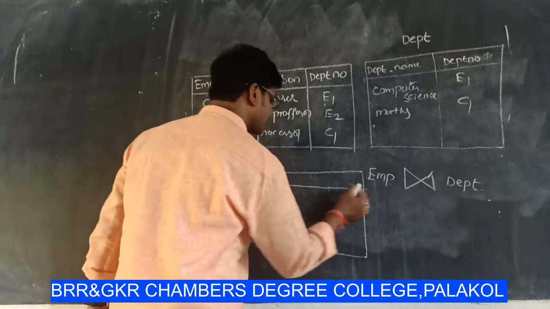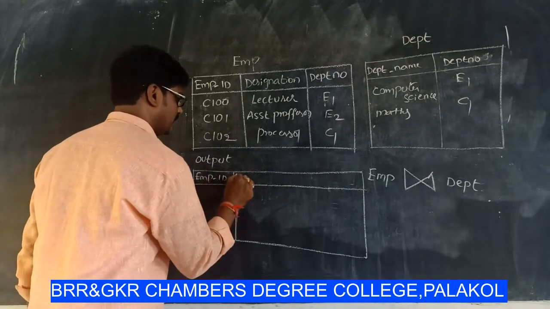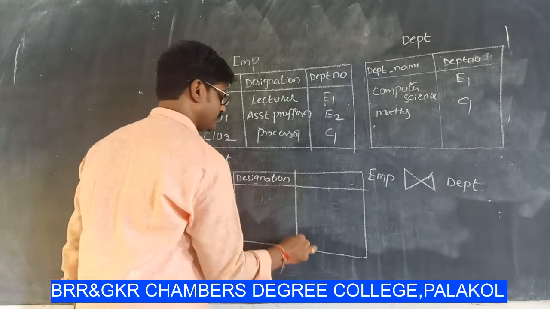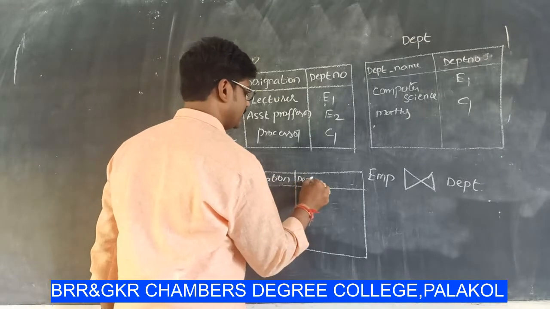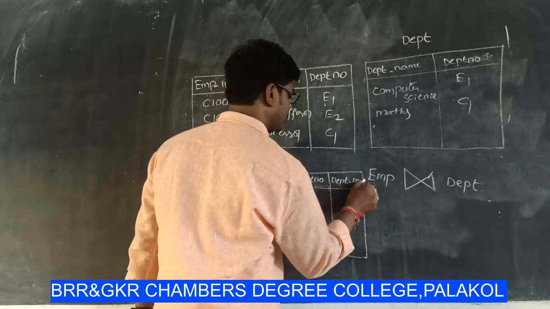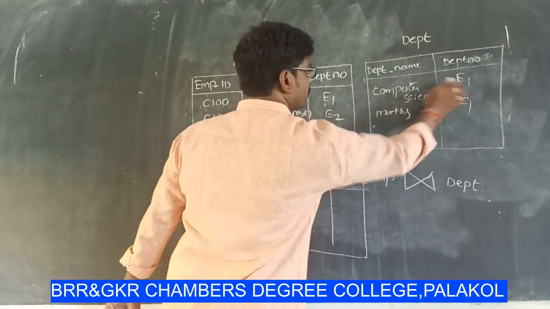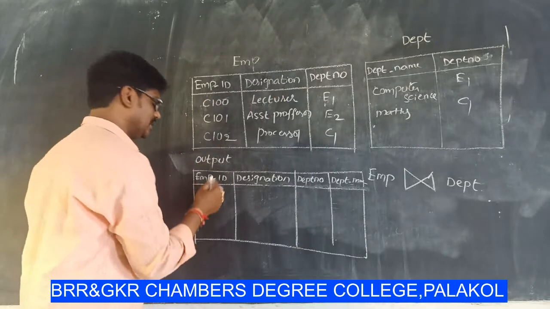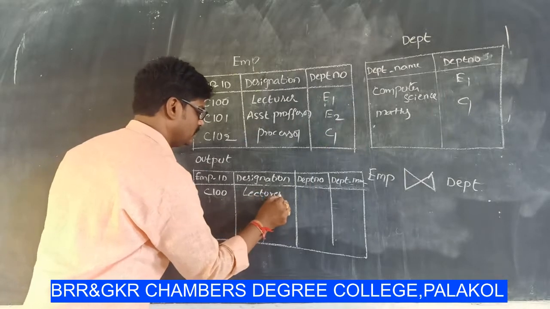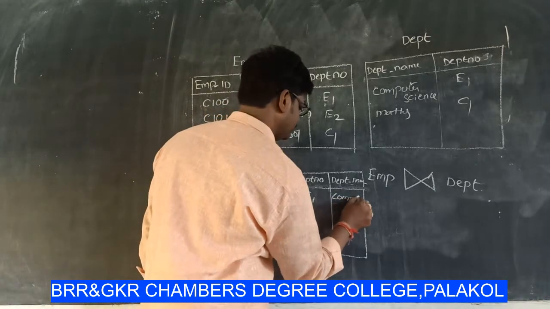The output displays only the matched columns of the two tables: employee ID, designation, DEPT number and DEPT name. Employee C100 has E1, which matches, so it displays the row: C100, lecturer, E1, computer science.